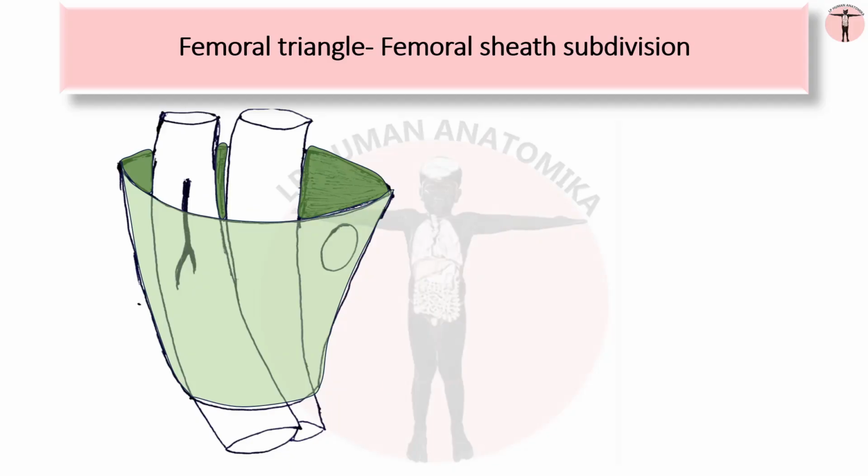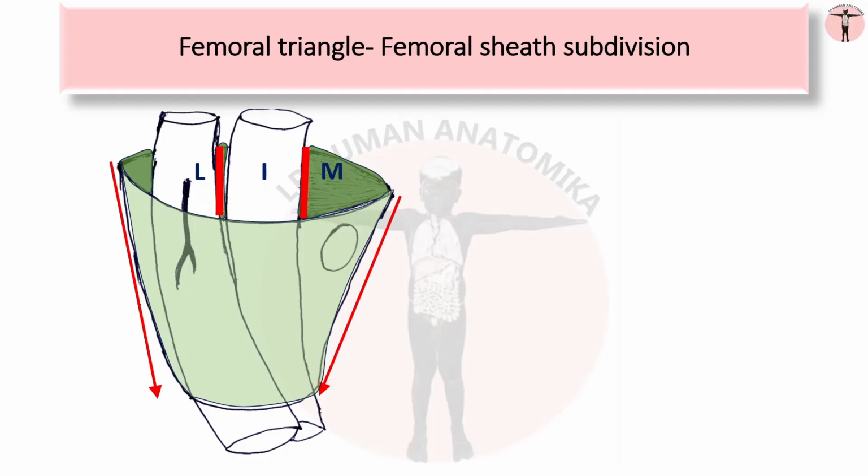The femoral sheath forms three subdivisions or three compartments. The lateral wall of sheath is almost vertical and the medial wall is oblique, slopes downwards and laterally. Two antero-posterior septa divide the sheath into three compartments: lateral, intermediate, and medial compartments.